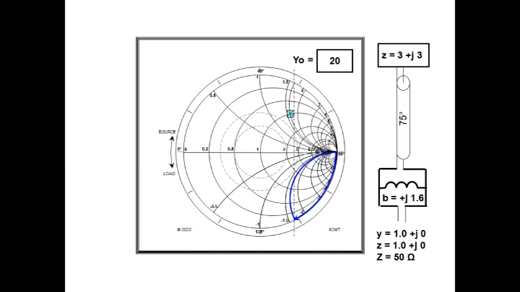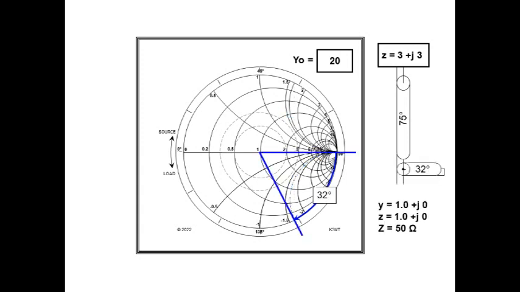This is a case of a short circuit. The arc specifies a shorted piece of coax, a stub, 32 degrees long. This will produce the same plus J 1.6 susceptance. The new assembly is as shown here. This is known as serial shunt, stub tuning.